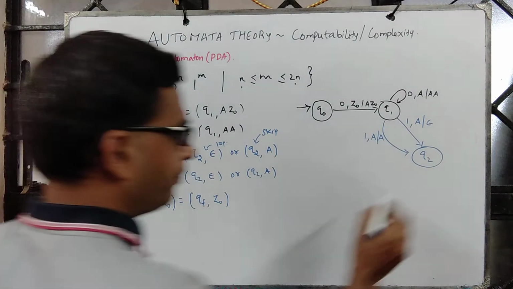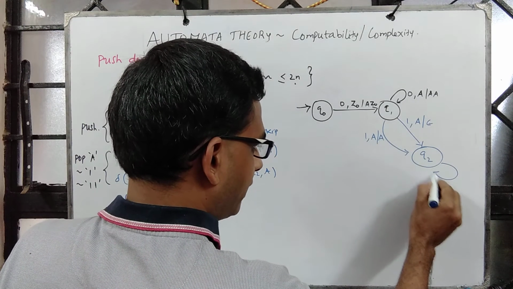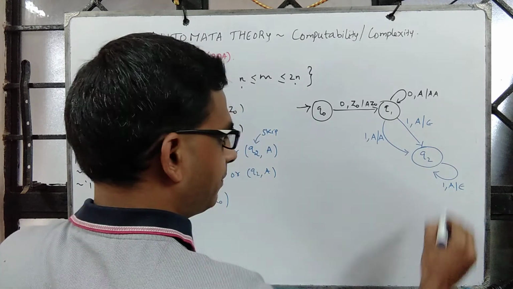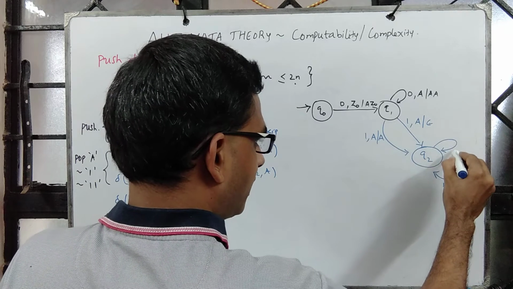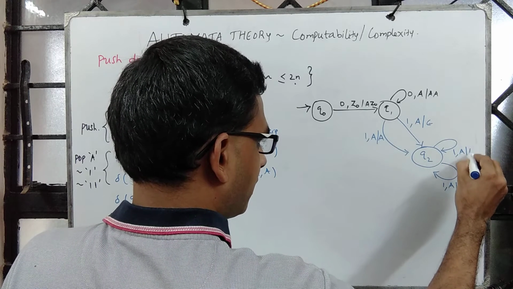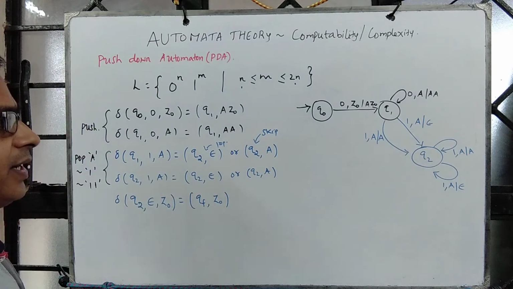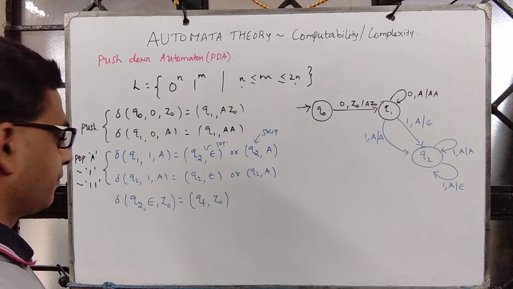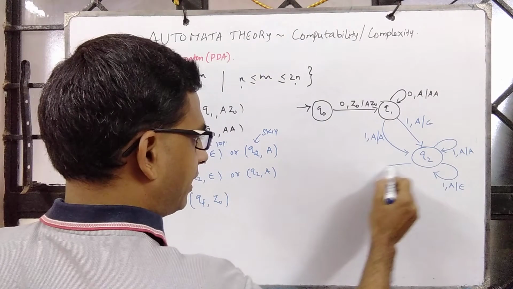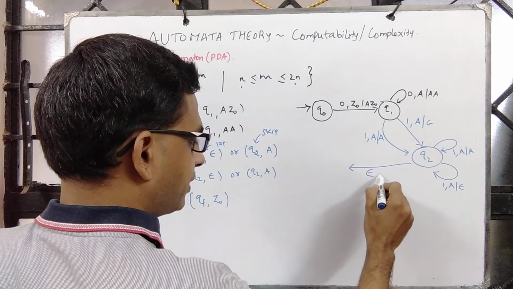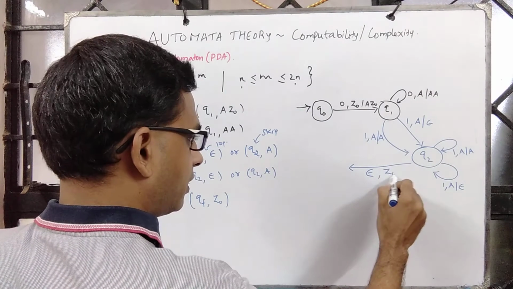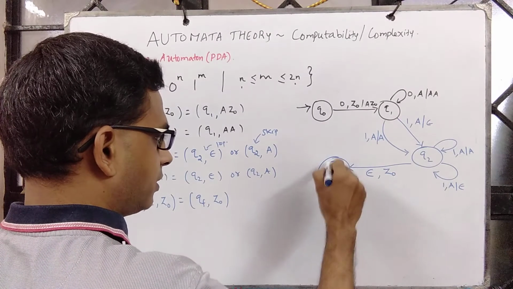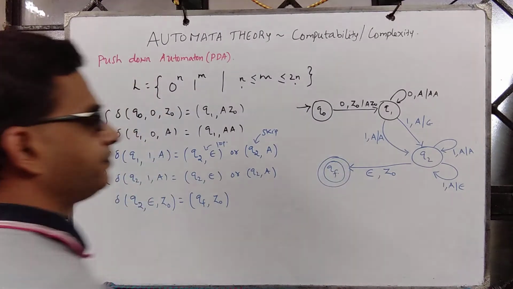Now I am in Q2, you read 1, stack contains A, you perform pop, or 1 A, do nothing and retain that A as it is, which means we are skipping this one and moving to the next one. Now everything goes well, we exhaust the input, top of the stack contains Z0, we reach the final state.